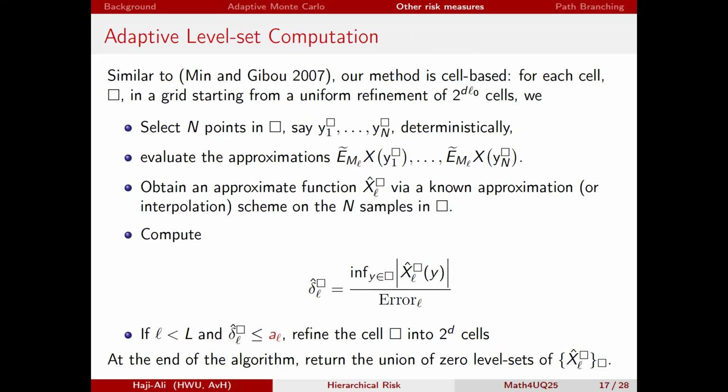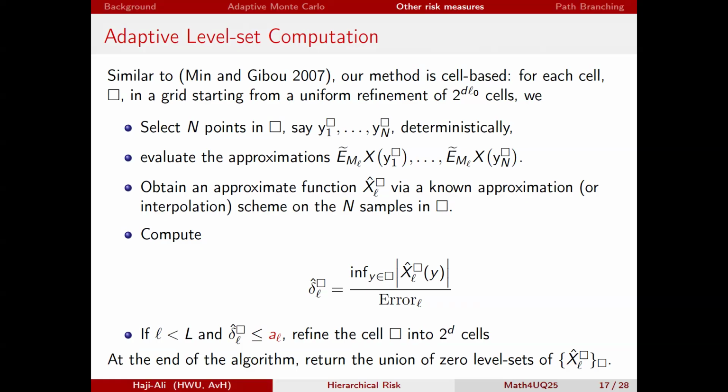And then you can have the same kind of adaptivity in this setting, which is similar to Mellin-Guibou. So you have a discretization of the space of y, for example, using uniform discretizations with 2 to the power d L0 cells at some level L0. And then for each one of those cells, you have some number of points that you use to approximate the expectation at those points, and then use those approximations to get an approximate functional using some interpolation method, for example.